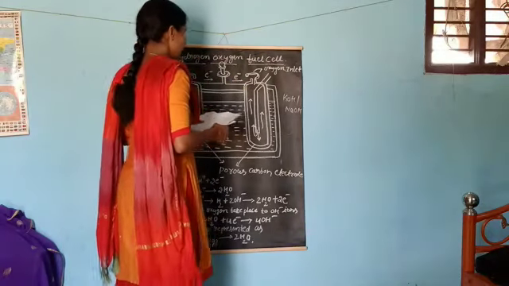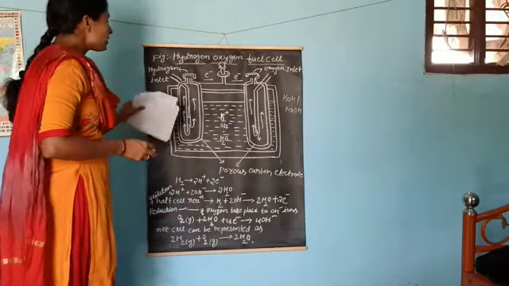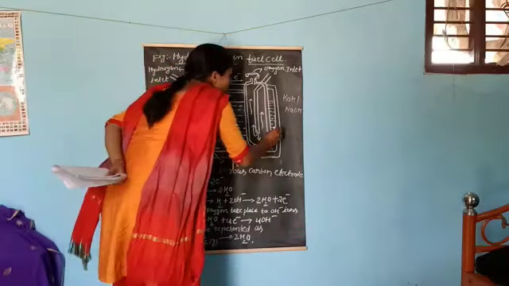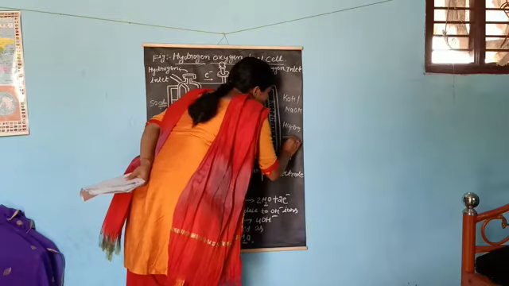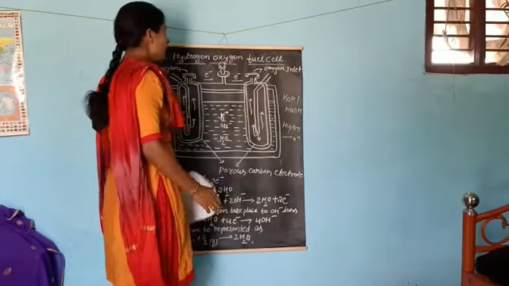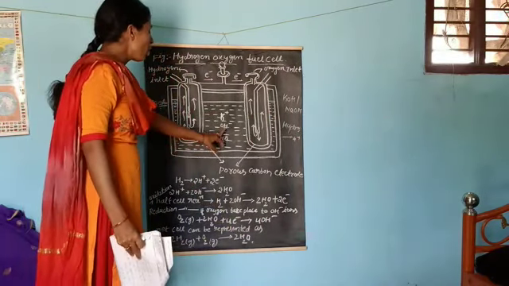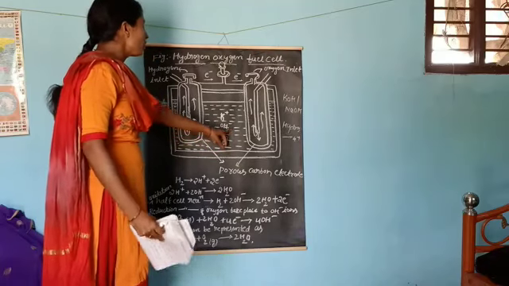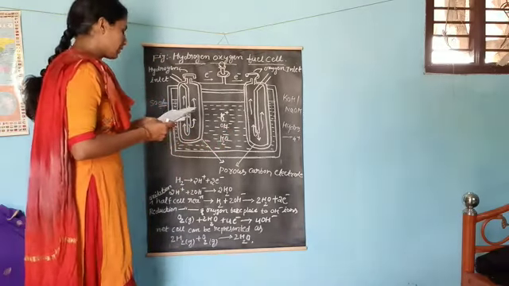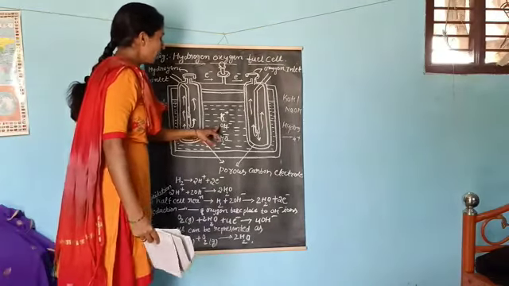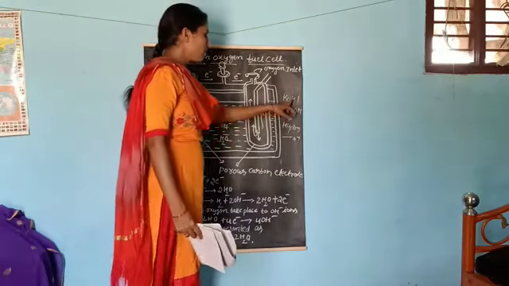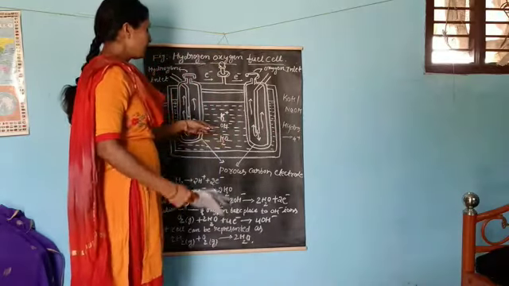The hydrogen is oxidized and gives rise to H plus ions, which are neutralized by the OH minus ions of the electrolyte, the KOH or NaOH solution in the figure.